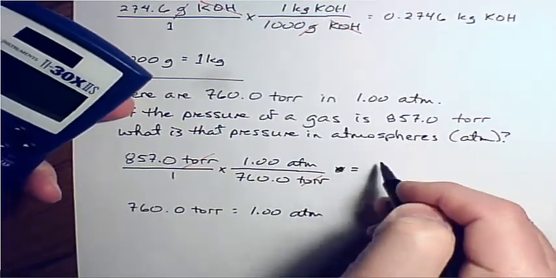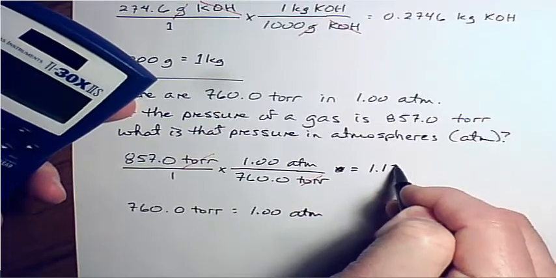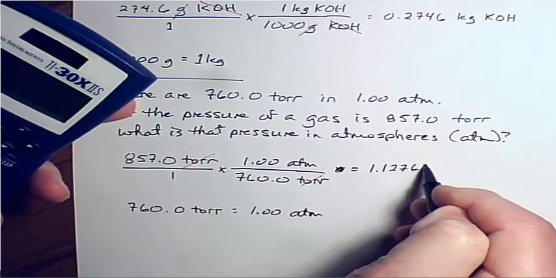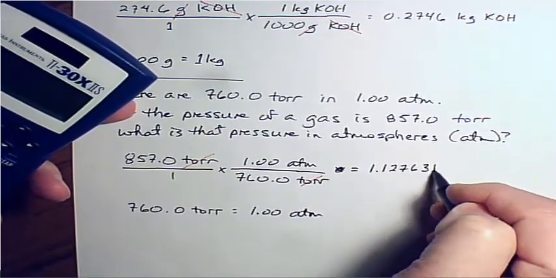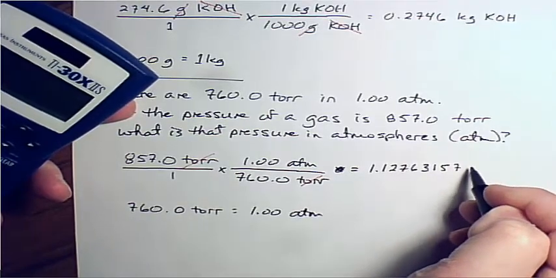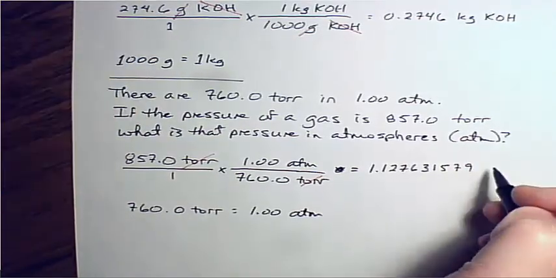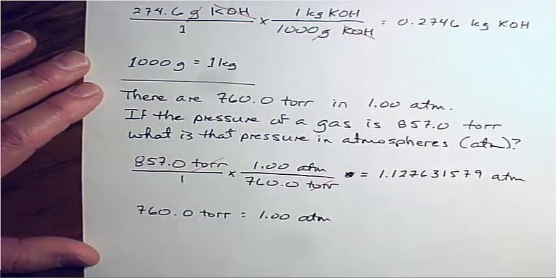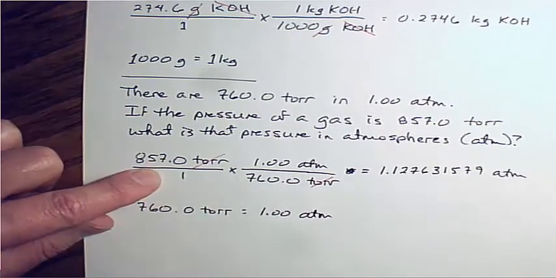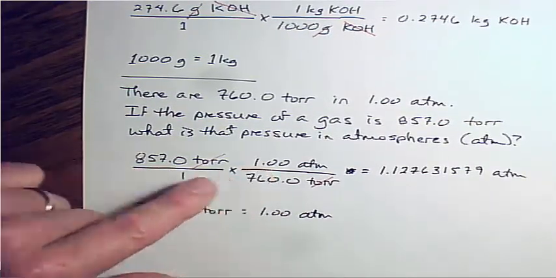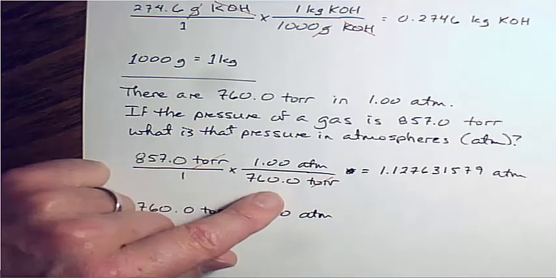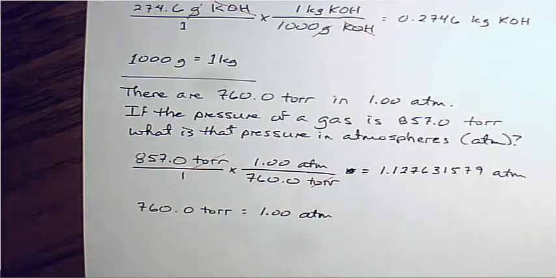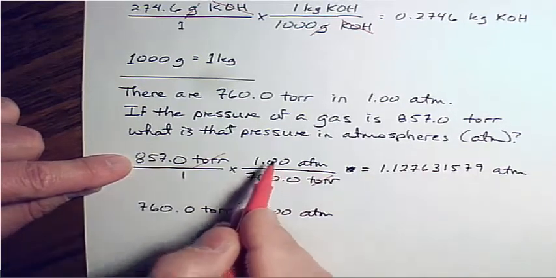And I get 1.127631579, and that would be atmospheres. I've got 4 significant digits in this number, 3 in this number, and 4 in this number. We want the number with the least digits of the measured and calculated numbers.